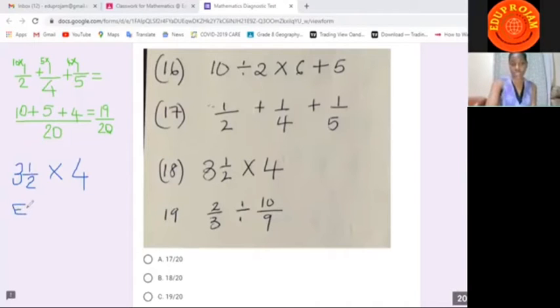The 3.5 is an example of a mixed fraction because it has a whole number and a proper fraction.